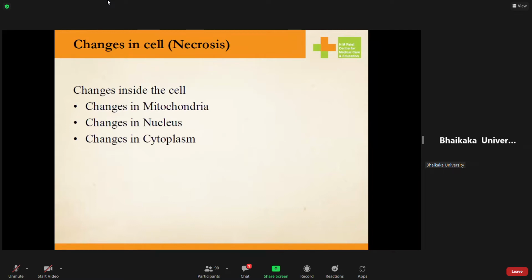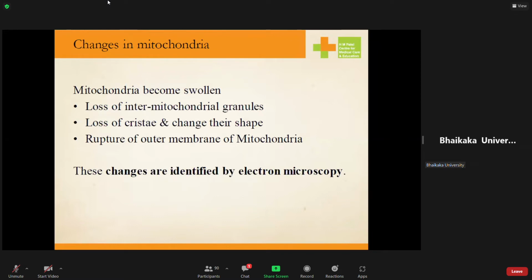Now, which changes are seen due to necrosis? The changes are seen in the mitochondria, in the nucleus, as well as within the cytoplasm. The changes seen within the mitochondria are demonstrable by electron microscopy. Which changes are seen in the mitochondria? The mitochondria becomes swollen. The same thing happens in reversible cell injury, but in reversible cell injury the mitochondria only becomes swollen and an amorphous density is developed within the mitochondrial parenchyma.